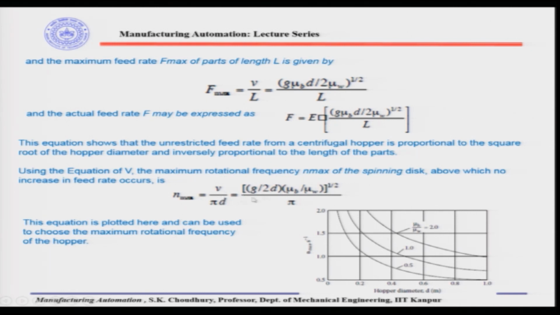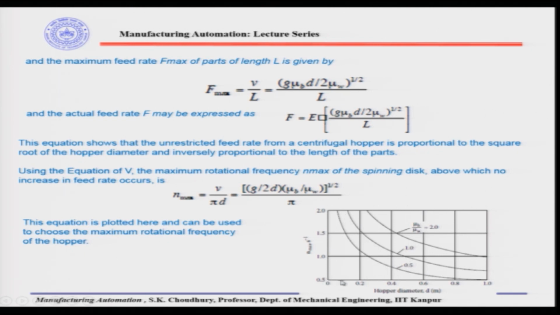Now, if you plot this equation, in the y axis we have n max, and the unit is 1 by second. This is the hopper diameter in meters. Depending on the hopper diameter, and by varying the ratio of the coefficients of friction, that is between the part and the base and the part and the wall, this will be the curve.